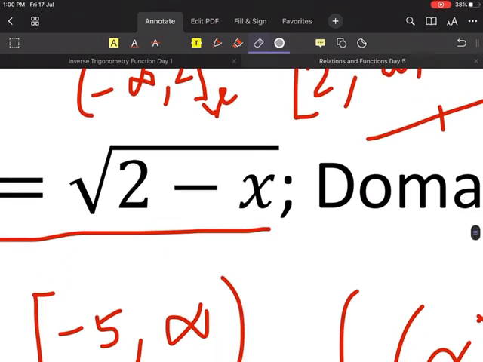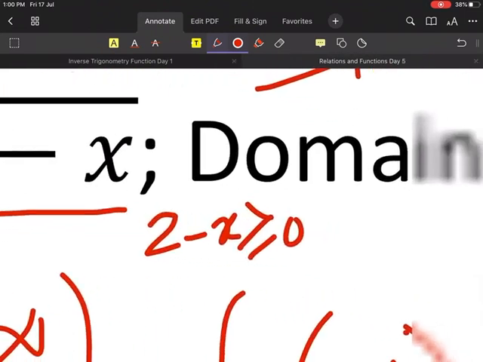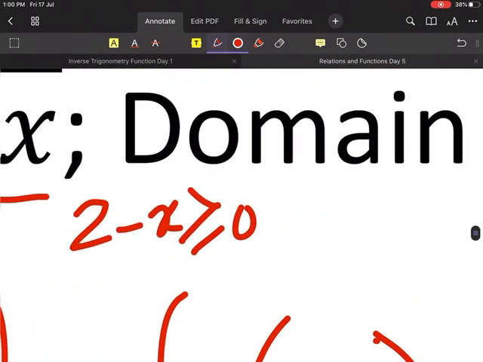Now I will tell you how to get to this answer. What I told you, in order to find the domain, I will write 2 minus x greater than or equal to 0, because whatever is inside the square root, I write like this. Here minus x is negative, so let us take x to that side and make it positive.